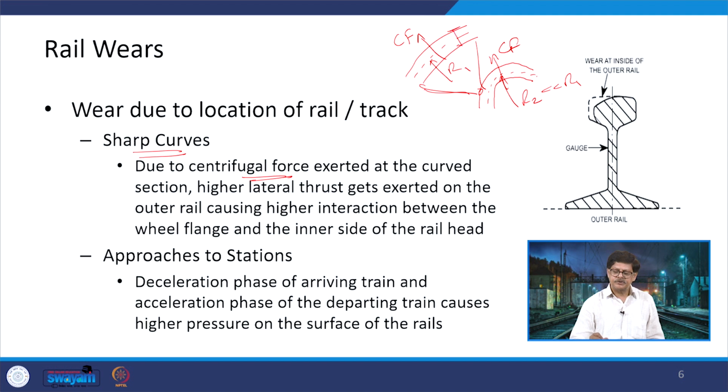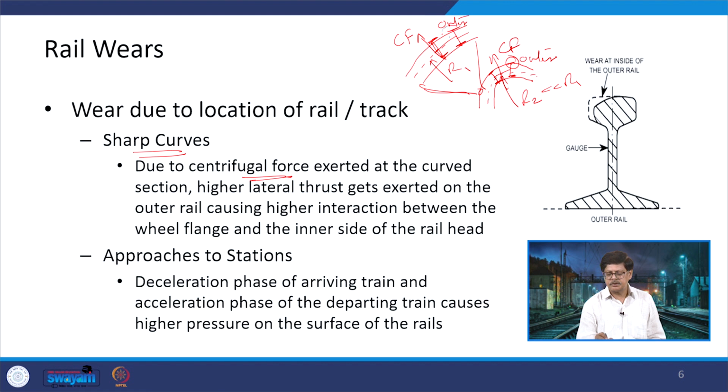So, if a train is moving here in this form with the bogie and the wheel-axle arrangements being shown, in this case it can be like this. So, here a thrust is going to be induced on the outer side. This is the outer side here.